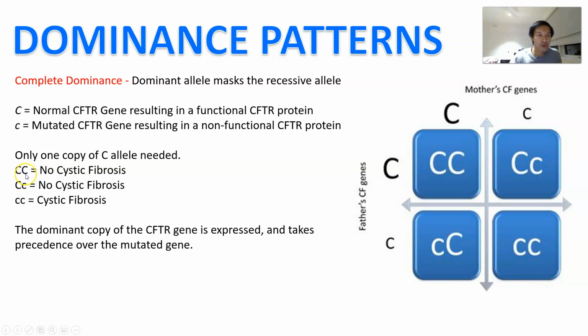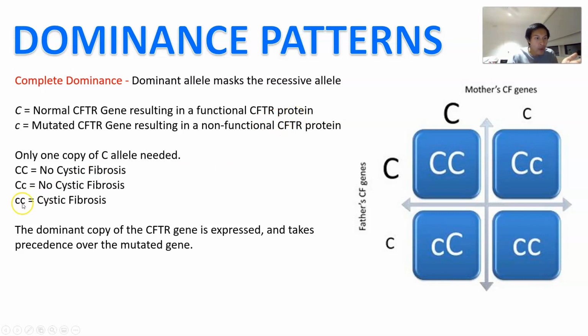If you inherited 2 capital C's from both your parents, you have no cystic fibrosis. You're fine. If you inherit a capital C and a lowercase c, you still have no cystic fibrosis. Why? Because even though you carry that recessive allele, you have a dominant allele that's going to mask that, which means you're still going to produce normal functional proteins, and you're fine.